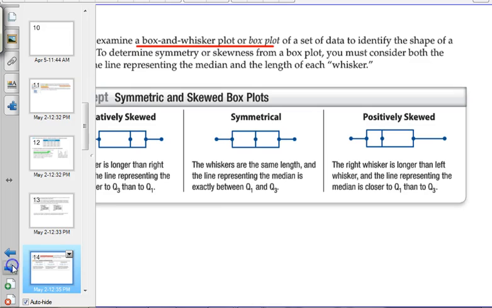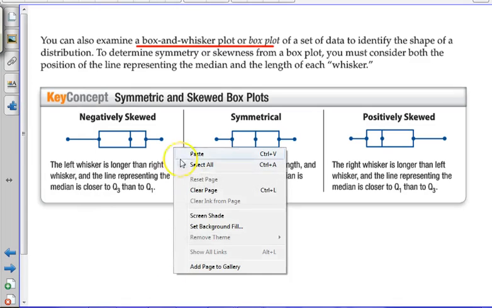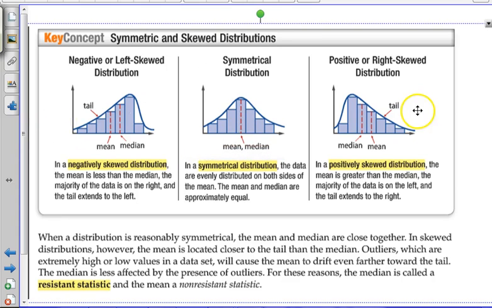All right. So yesterday we talked about this, remember? Left skewed was when the mean, the average has been dragged to the left. Right skewed is when the mean or average has been dragged to the right from the middle, okay?